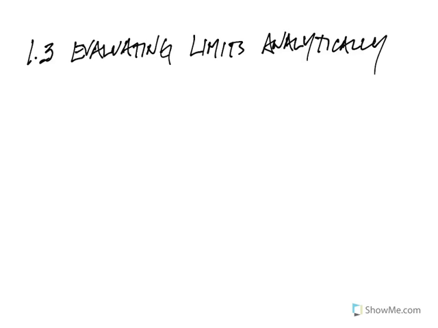Today we're going to continue on in section 1.3, additional day in 1.3, and we're going to continue to evaluate limits analytically. For the homework, you were finding limits where there was no hole, so you could just plug in the value of c to find the limit.